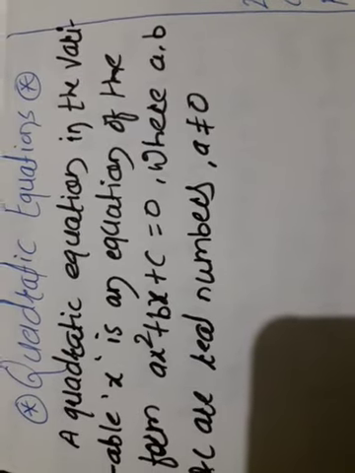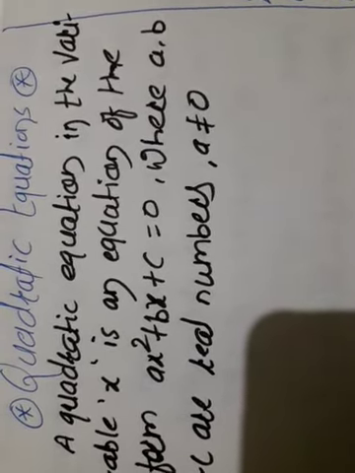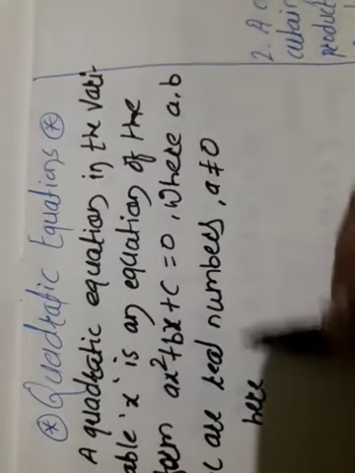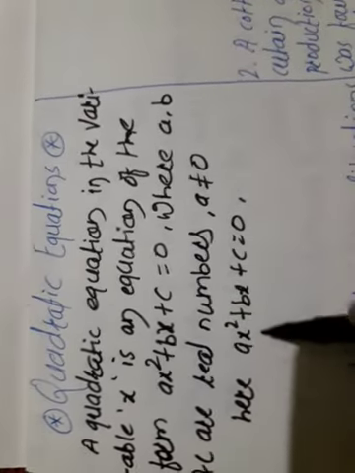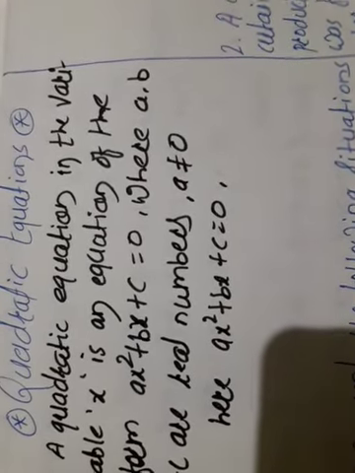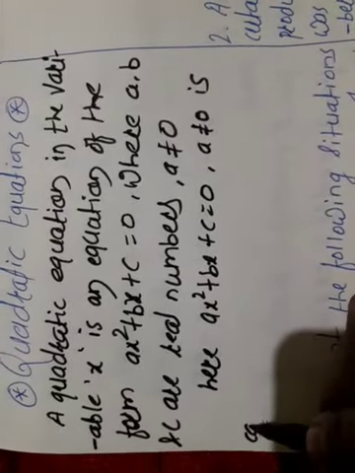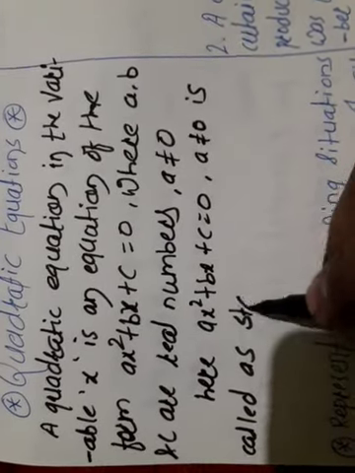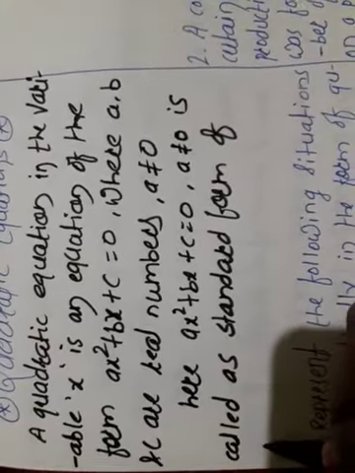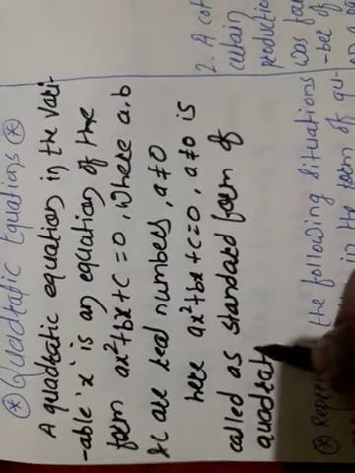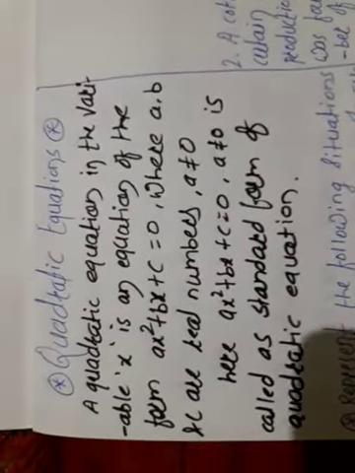Here this what I have written, ax square plus bx plus c is equal to 0, where a is not equal to 0, is called the standard form of the quadratic equation. Do you understand?